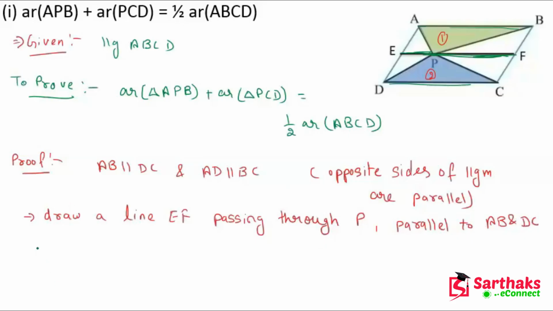So we can write here that EF is parallel to AB and also parallel to CD. Got it, my dear friends?